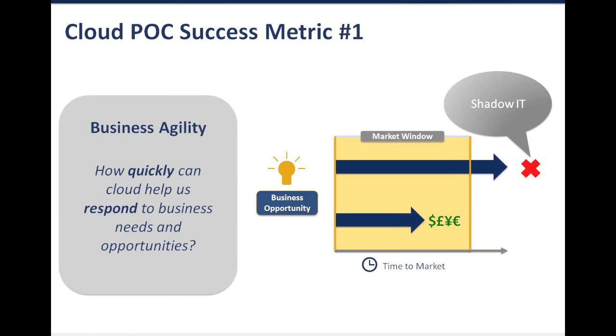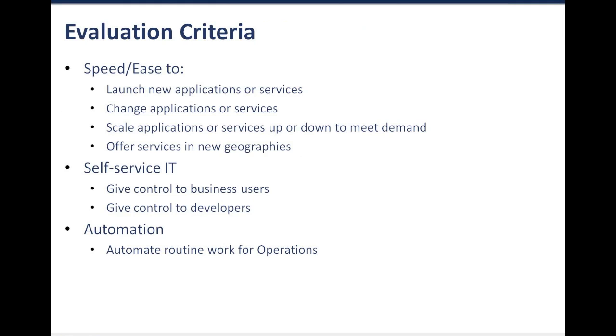So we get businesses going around IT, spinning up their own applications, going to SaaS providers, going to service providers, going to outside developers. And while that can meet the needs of the business, that can also sometimes have further impacts to the IT organization down the line.